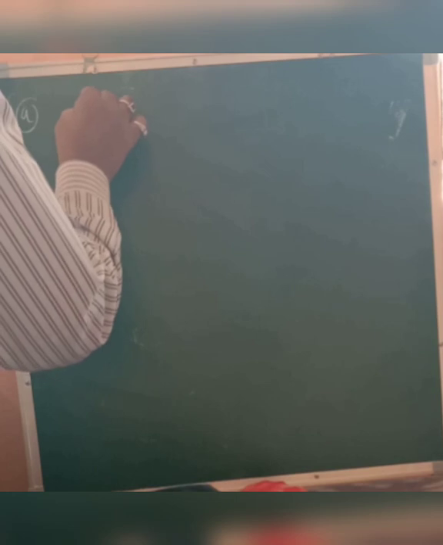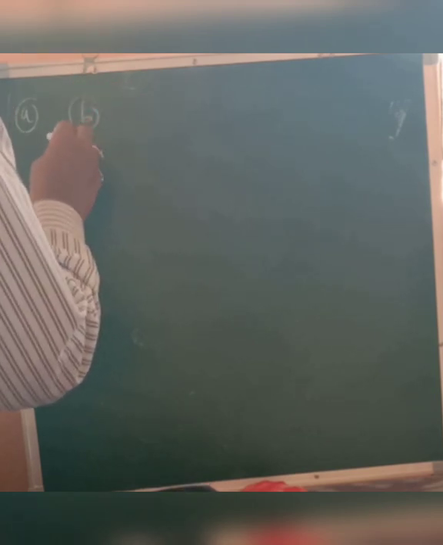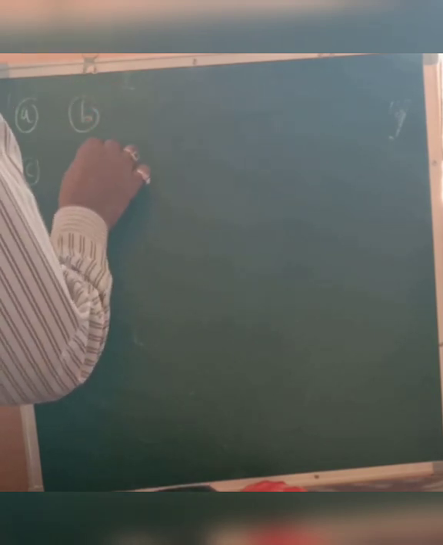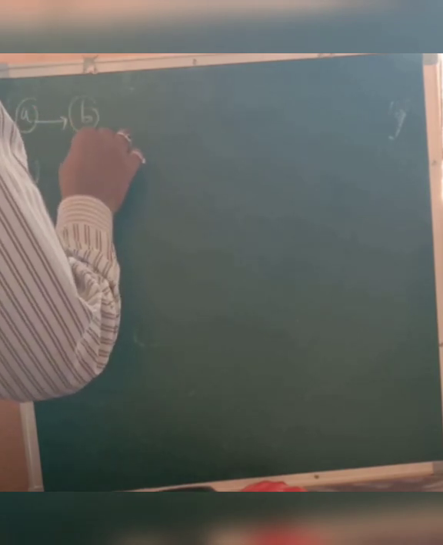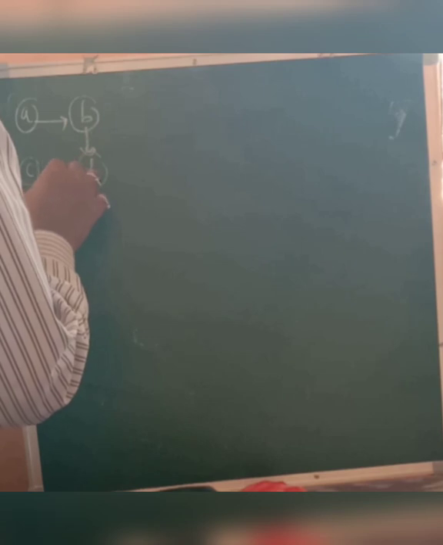Now we see the application of Warshall's algorithm to the diagram shown. We go for the example again. This is A, this is B, this is C, this is D. Once again, I will write it small so that you can get it down.